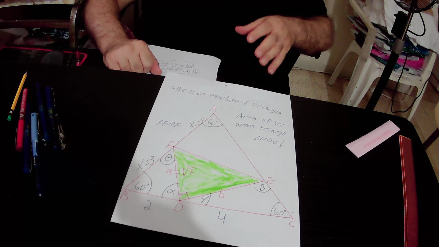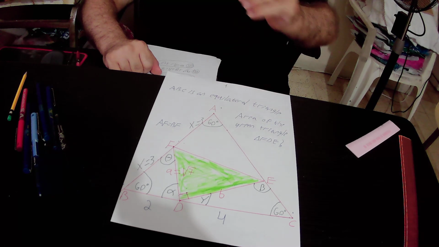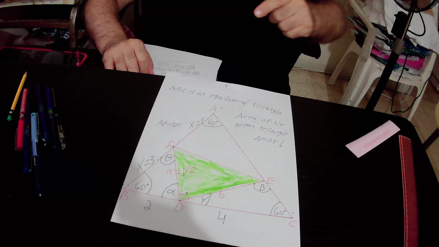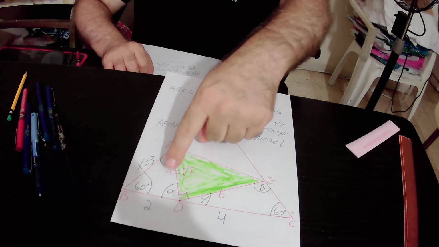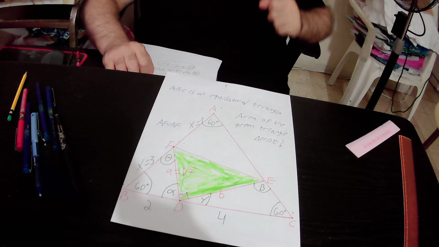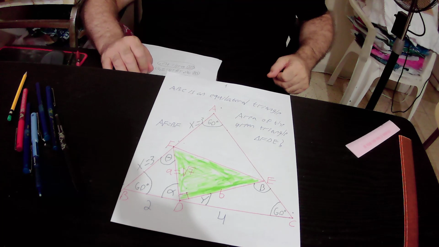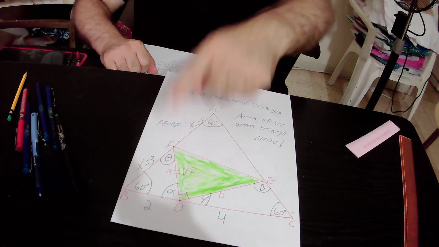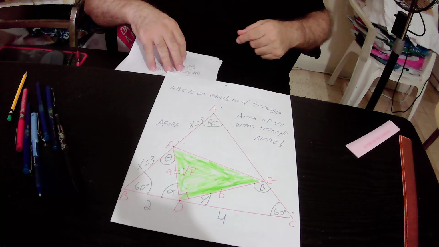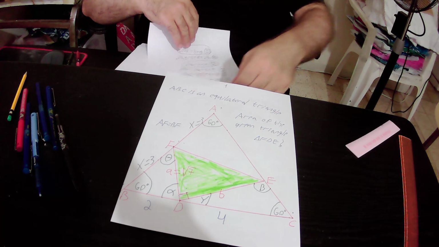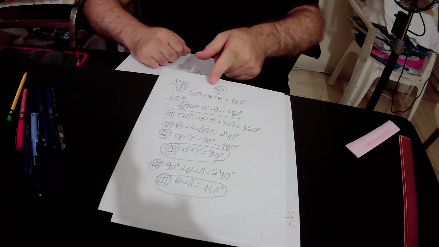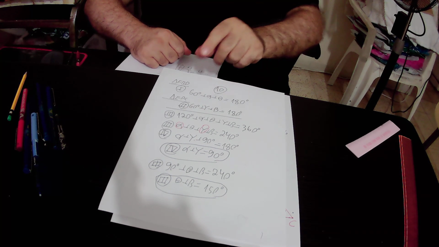In the next step, we created 4 equations. The first equation relates to triangle FBD. It states that the sum of the angles in triangle FBD equals 180 degrees.